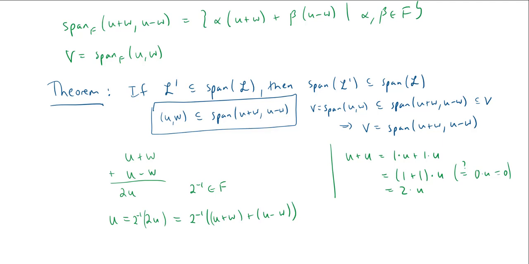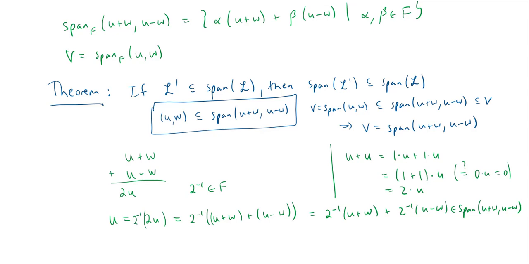If I distribute this 2 inverse, then I get 2 inverse times (u plus w) plus 2 inverse times (u minus w). And so what I've just shown you is that u can be written as a linear combination of u plus w and u minus w. And so this is in the span of u plus w, u minus w.